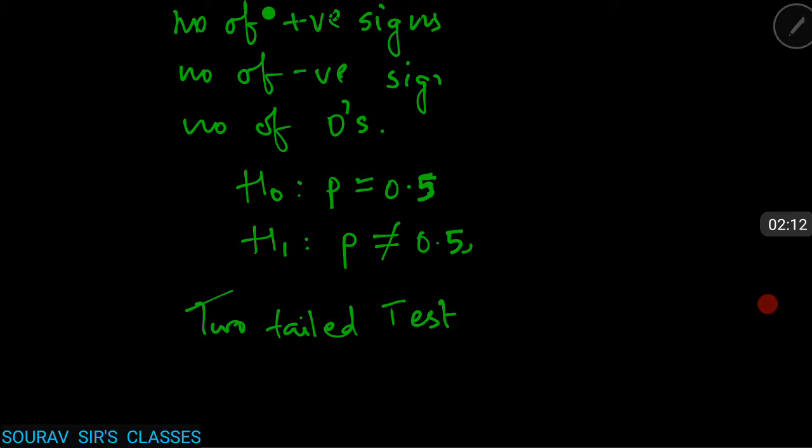If you look carefully at the above two hypotheses, you will see that the situation is similar to a fair coin toss. If we toss a fair coin 30 times, then probability P would be 0.5, and we would expect about 15 heads and 15 tails.